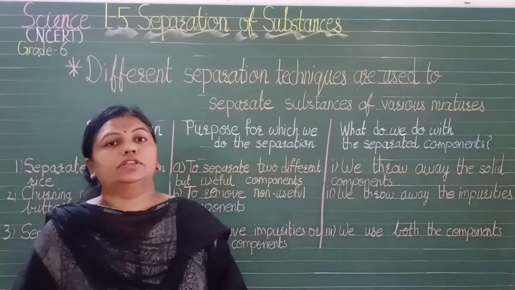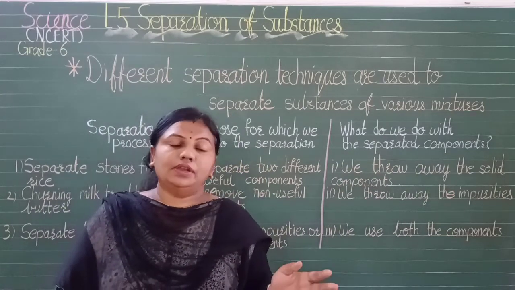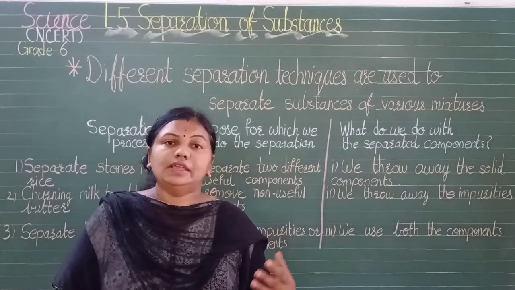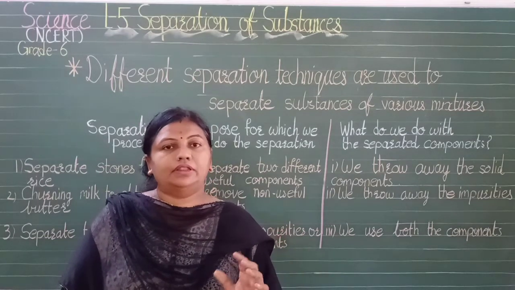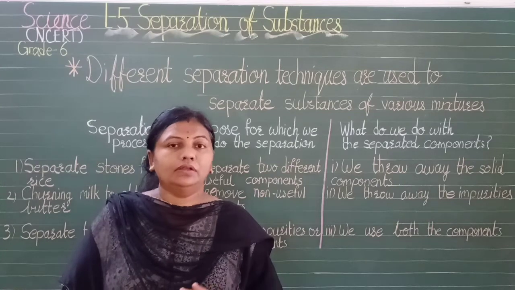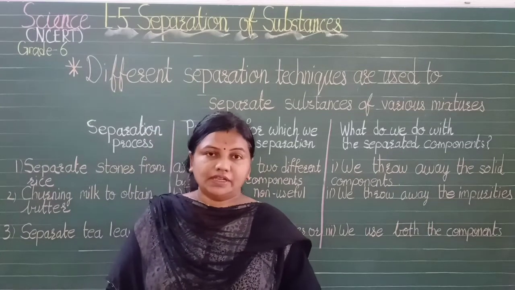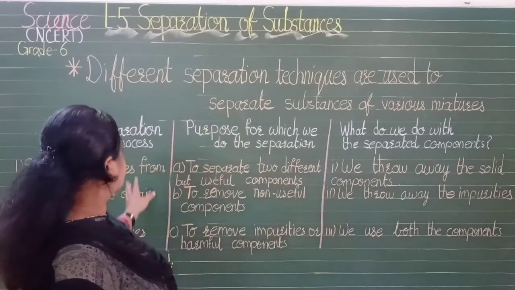The tea leaves and ginger and whatever impurities are left out are thrown away, and whatever purity is available will be drunk by the person. So that is the three examples.